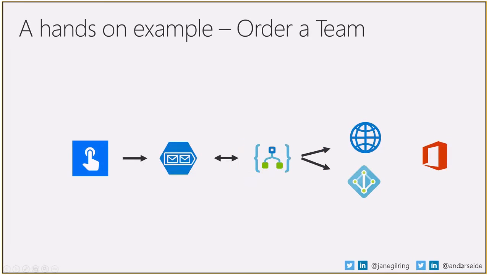It's a button that will put a message to a queue in Azure, which will be picked up by a Logic App, which then puts a request to Azure AD and Microsoft Graph to build out a team. So it's basically an order team workflow built solely on serverless without any code at all.